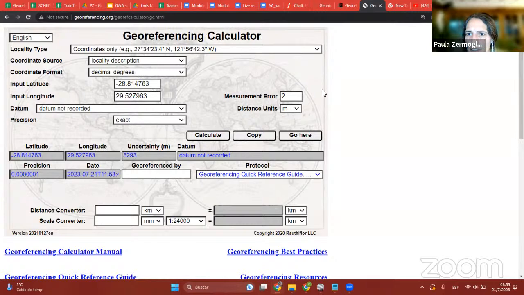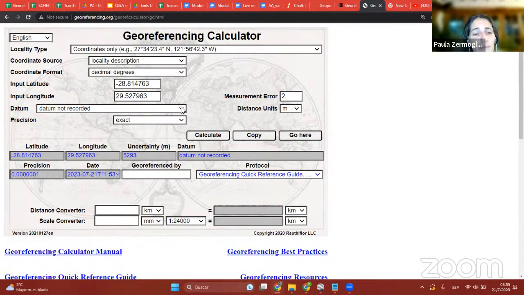We have some answers in the chat. One answer is precision, two answers are datum. Another answer is coordinate source. Well, what is contributing the most to this uncertainty here is the unknown datum.